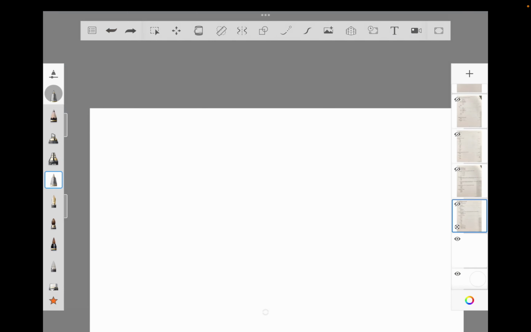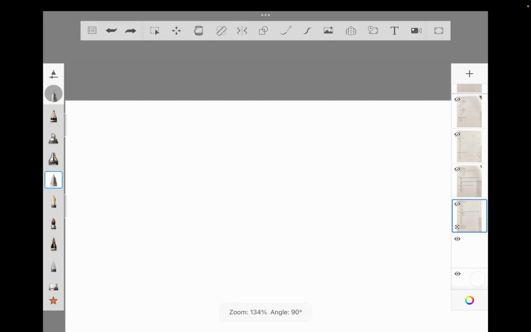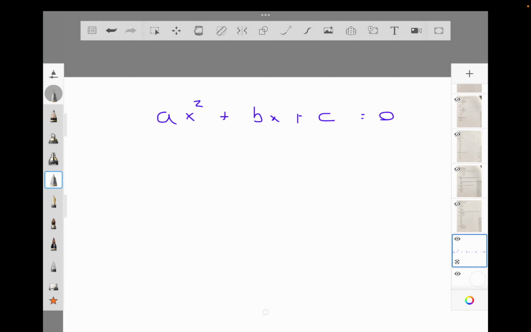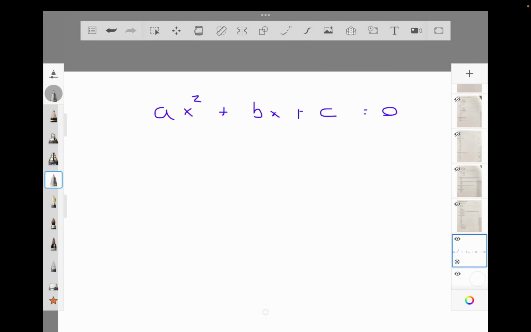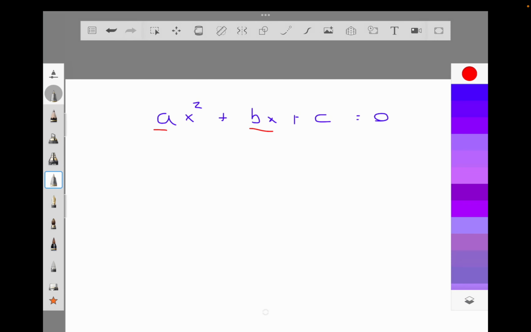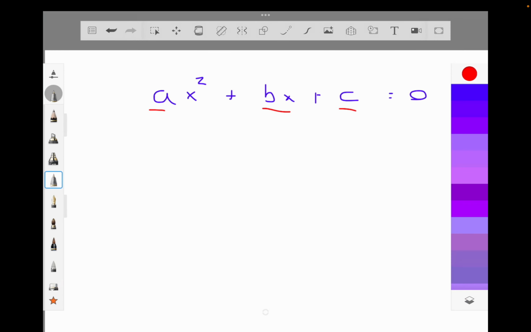So the quadratic formula, if you have a formula that is ax squared plus bx plus c equals 0, then you would take the coefficients and plug them into this formula.